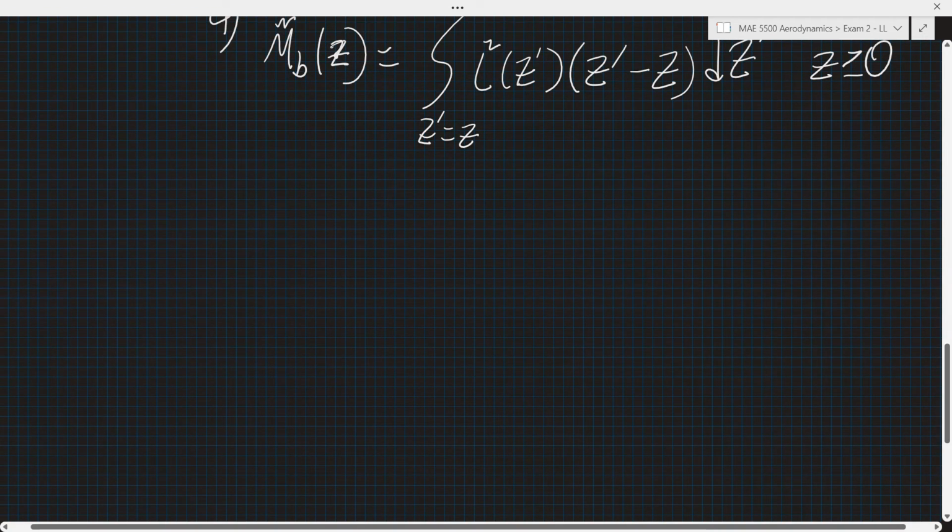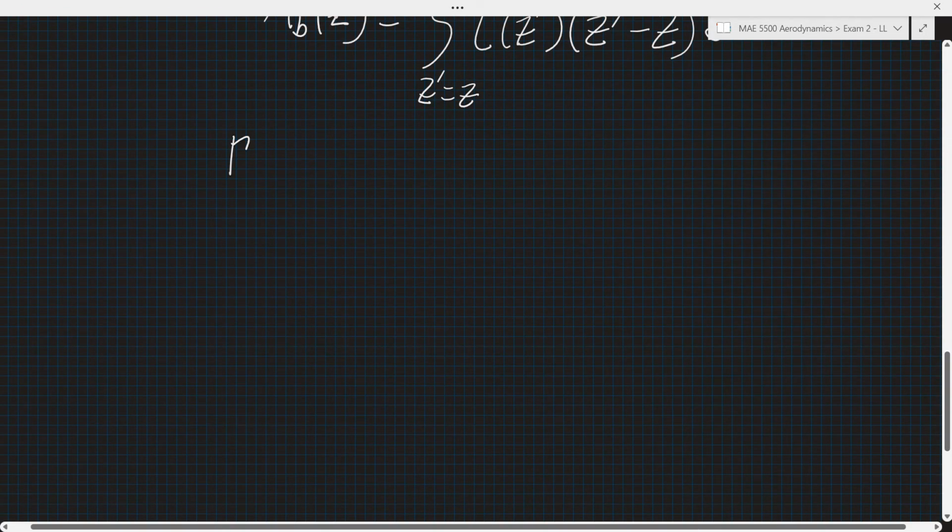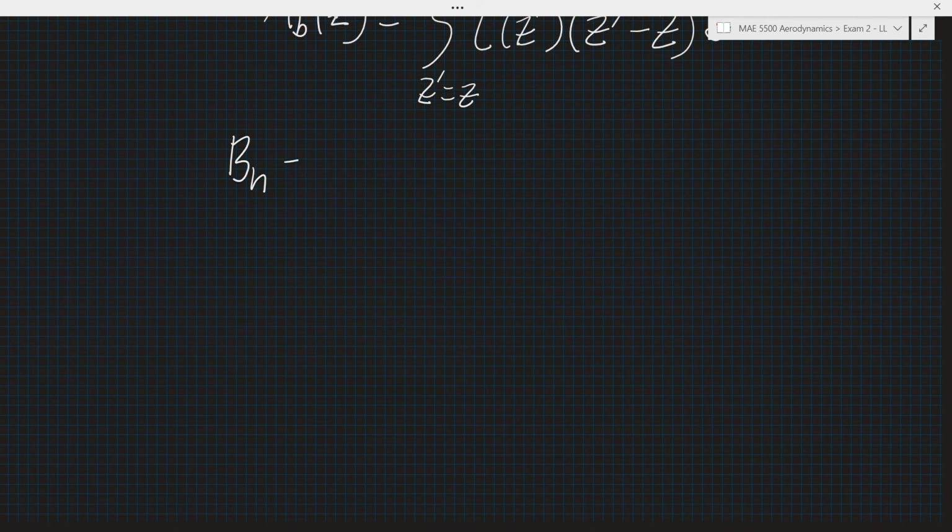So let me just get my notes down here. And what he found was that if he set all of these Bn values to be 0, except for n equal 3, he was able to minimize the induced drag while minimizing the wing bending moment.